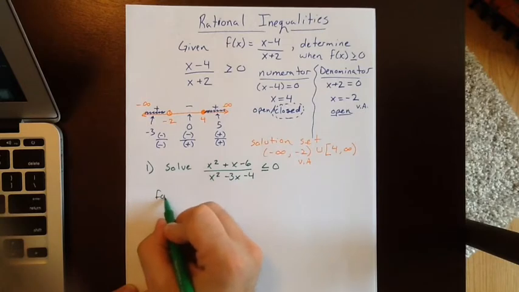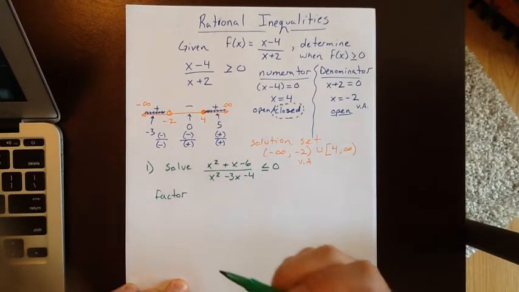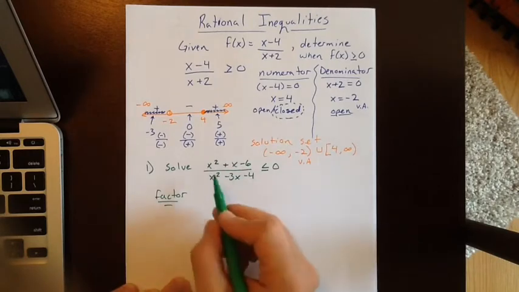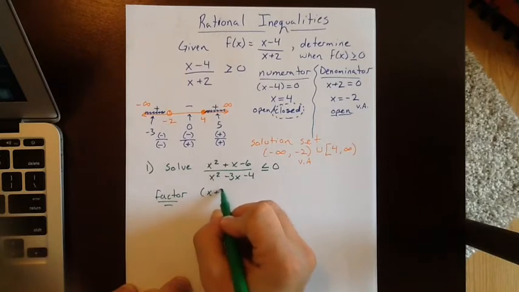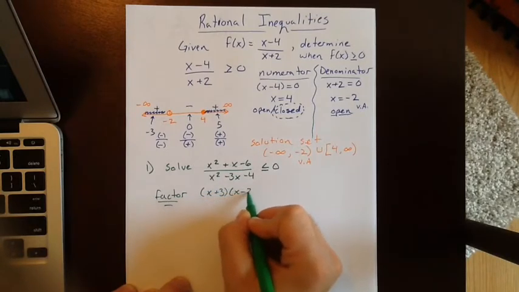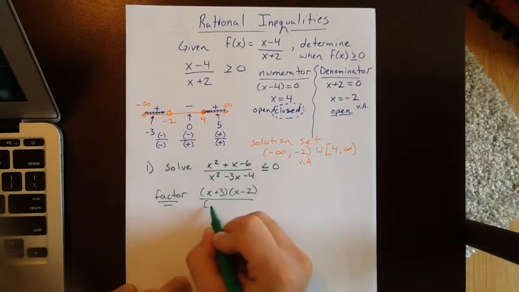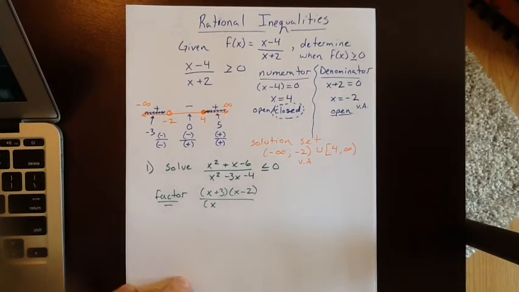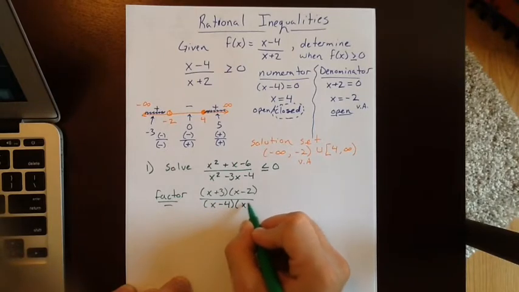But first, let's rewrite this function as it's been factored. x squared plus x minus 6, when factored, gives x plus 3 times x minus 2. In our denominator, when factored, we get x minus 4 and x plus 1.